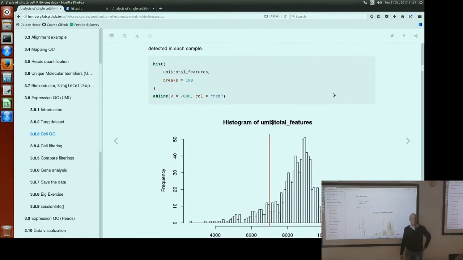When you build a matrix with ones and zeros according to if it's expressed or not, how do you define that a gene is expressed? Is there a threshold of the number of genes that come from that? The gene is expressed if its value of molecule counts is more than 0. Just zero. Yeah.